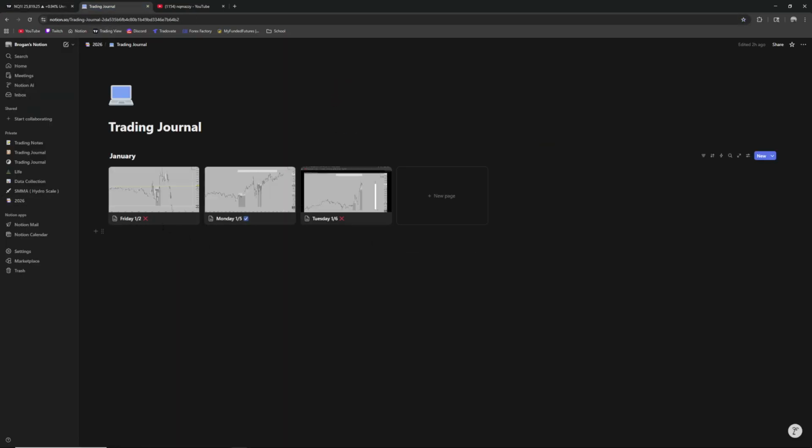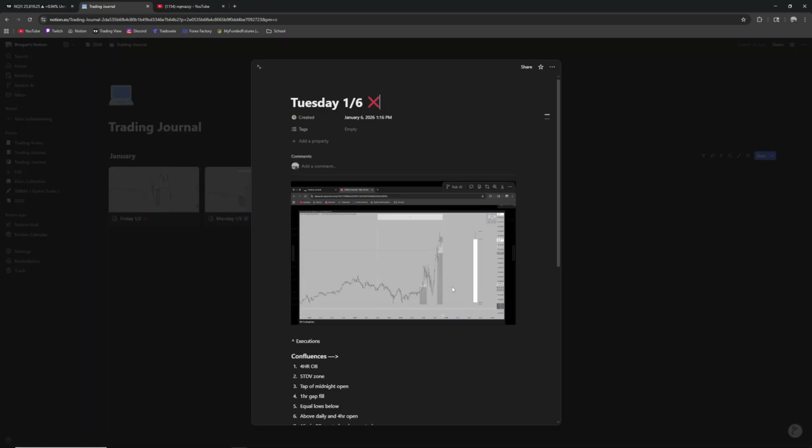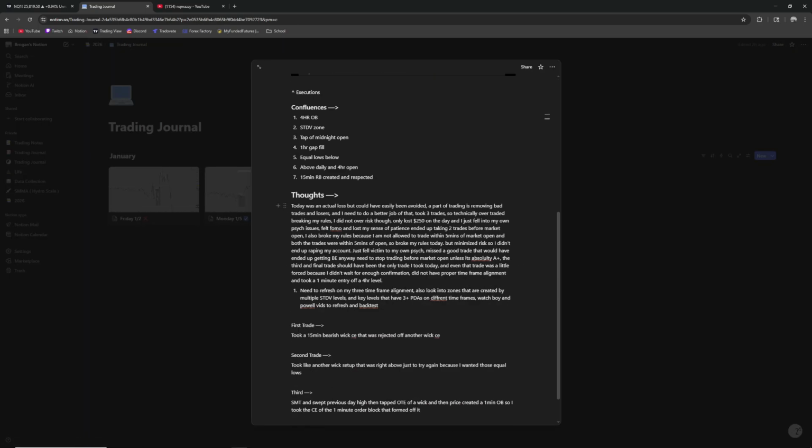So this year, I've taken a losing day, break even day, losing day. You know, I just need to refresh on having 3 time frames aligned. Look at zones that are created by multiple standard deviation levels. I know those are pretty good. I think I have like 3 standard deviations, and you know the 2s and the 3 to 3.5, 3.5 to 4 zones align.